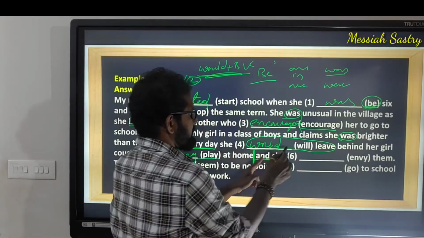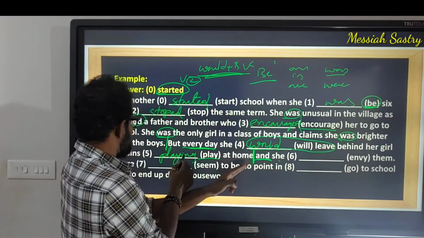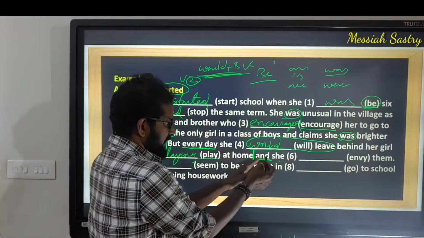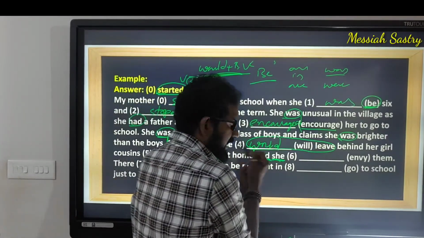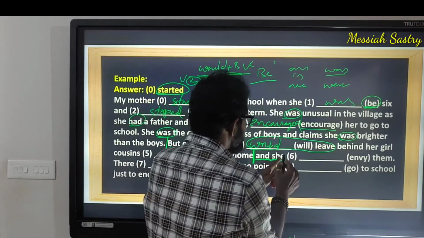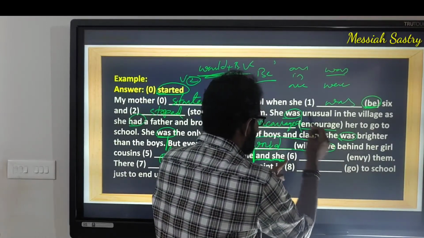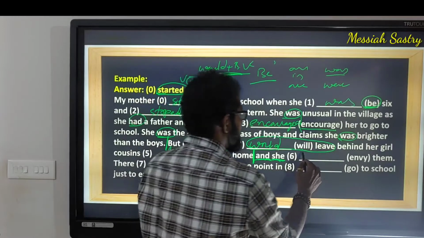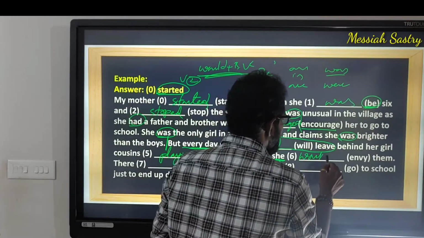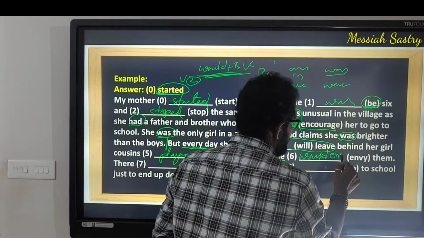But every day she would leave behind her girl cousins playing at home, combined using and. Again, another main clause, she would envy. I told you we are talking about past habitual actions. So here we write would envy.